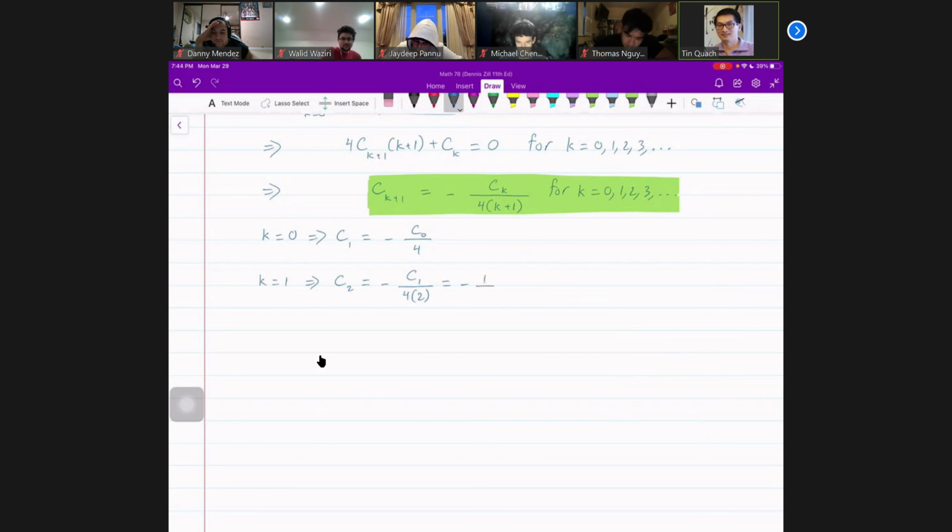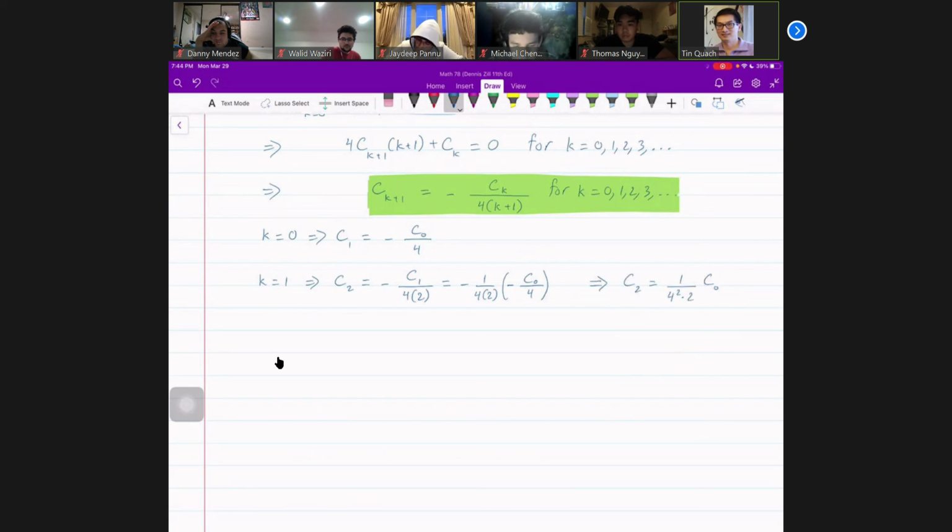So you have 4 over 2 here, and then c sub 1 is equal to negative c sub 0 over 4. Okay, so that implies c sub 2 is equal to positive 1 over, and we want to keep it in this form, and the reason is we want to find a pattern.